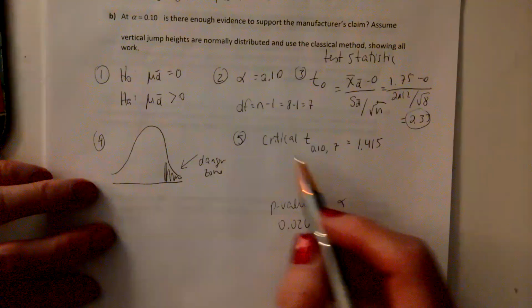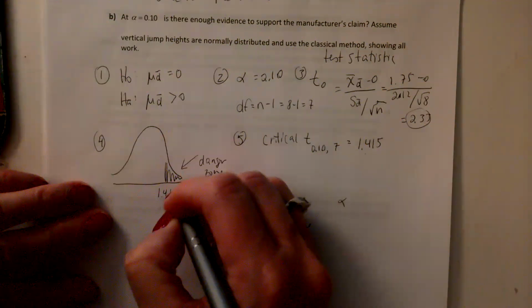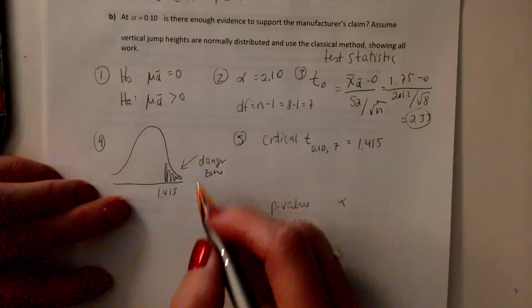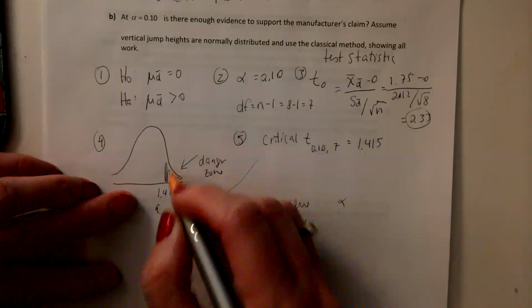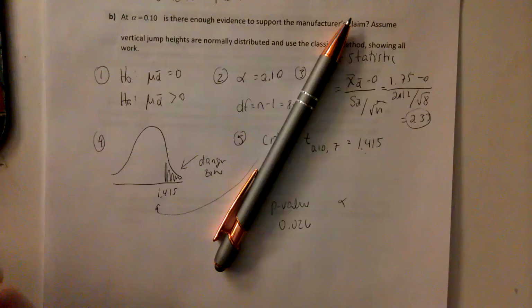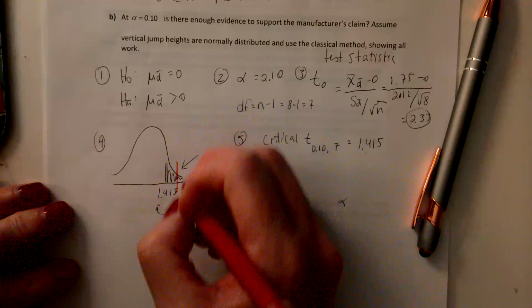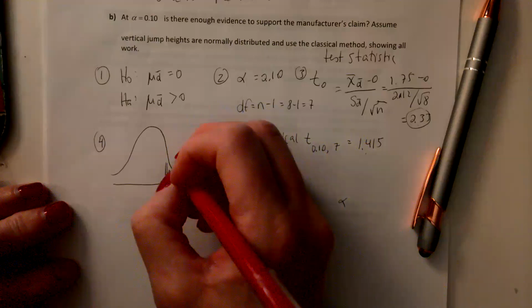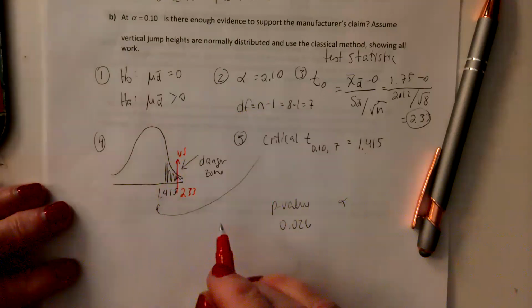So the critical value being 1.415. So if we want to use the danger zone, we're going to mark our critical value. And so anything past there is in the danger zone. And ours, we are at 2.33. So this is us. This is the data. And so we're definitely in the danger zone.